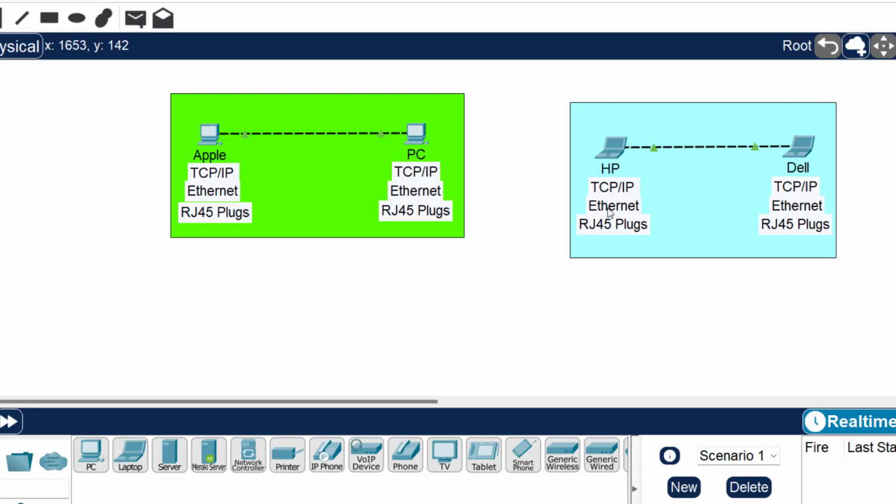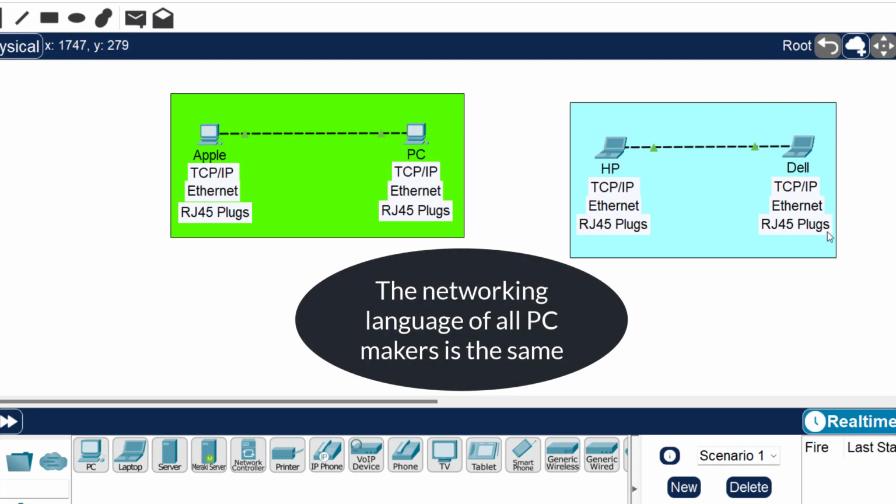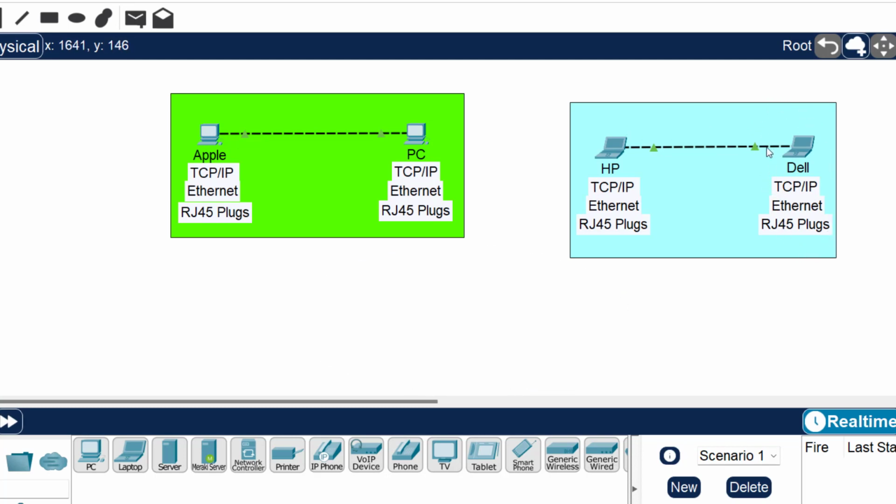Networking models make this possible for two different brands to communicate with each other, because they both follow the same model and understand the same protocols and standards, and use the same type of flags. Essentially many things are common, and basically the networking language that HP uses is the same networking language that Dell uses, and that's why they can communicate with each other.